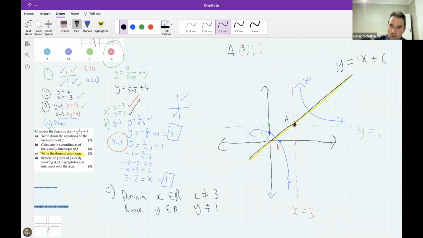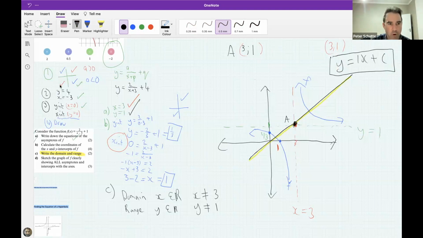Now, you have a point that is on this line. That point is the point (3, 1), and it's over here. You also know the gradient of the straight line. I want you to work out the equation of the straight line for me, using the point (3, 1), and see if you can find out what the equation of the straight line is.